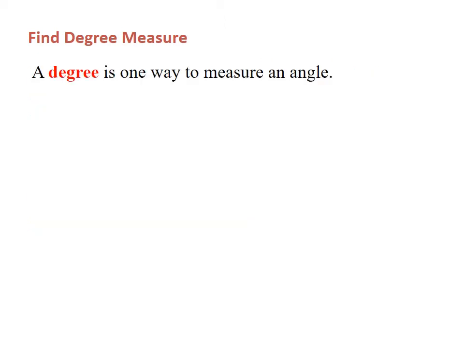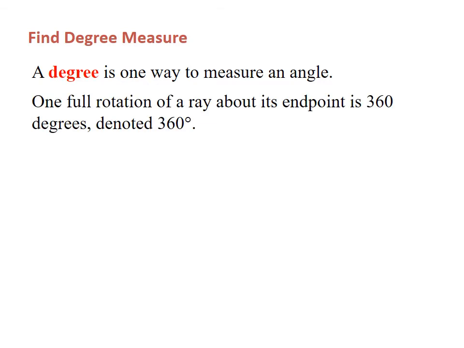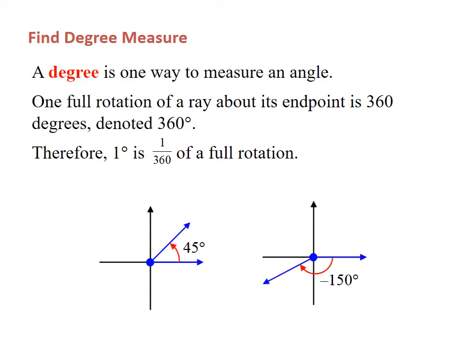A degree is one way to measure an angle, and a full revolution is 360 degrees. So 1 degree is 1/360th of a full rotation. So here is an illustration of a positive angle measure here and a negative angle measure here.